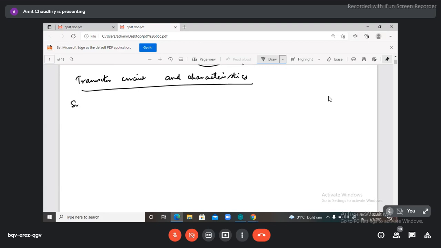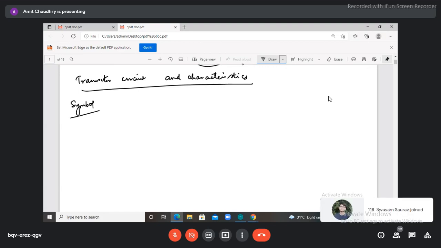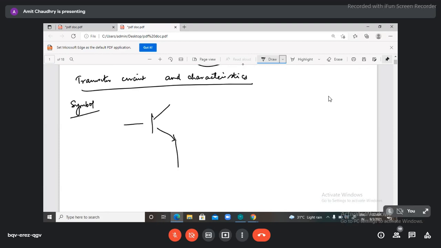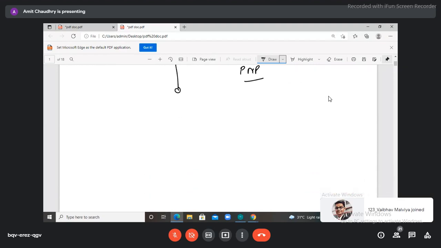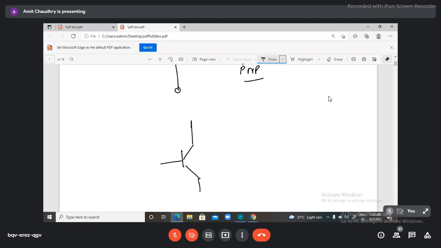ट्रांजिस्टर सिंबल कैसा होता है? This is a symbol of a NPN transistor. अगर PNP हो तो ऐसा होगा। This is PNP.